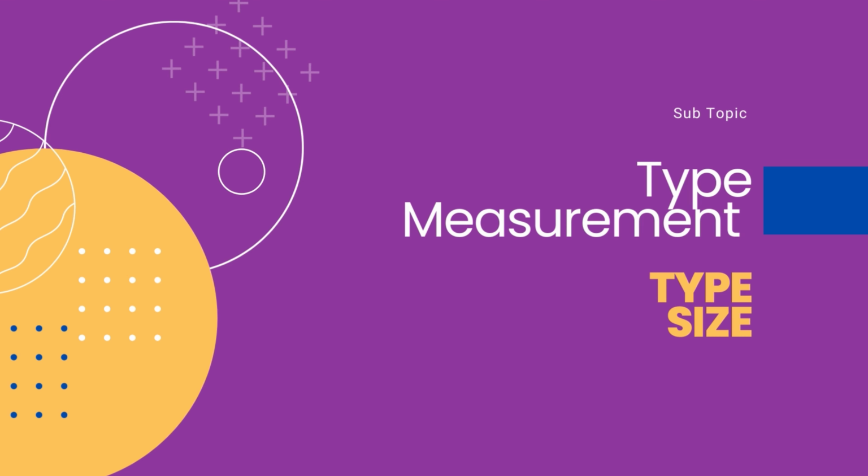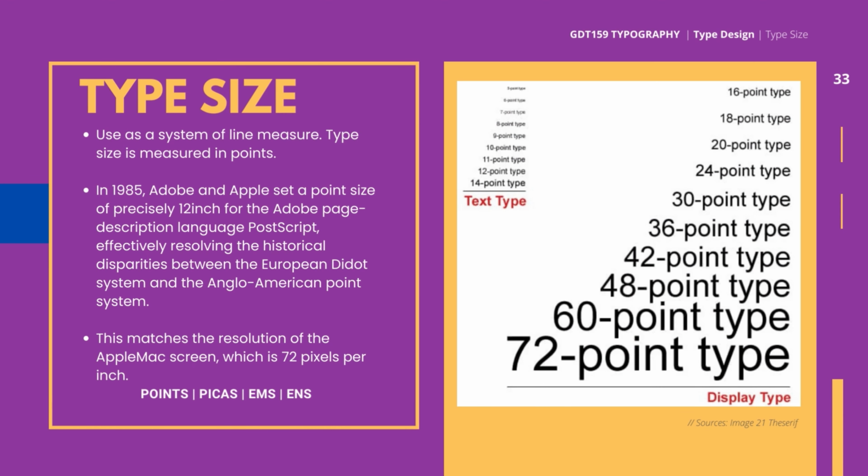Type measurement. Type size. Type size is used as a system of line measure. Type size is measured in points.